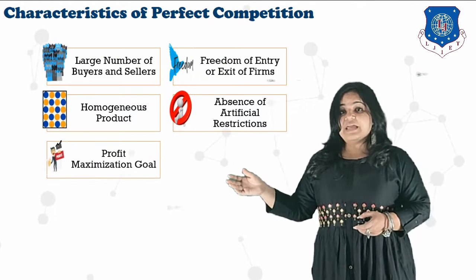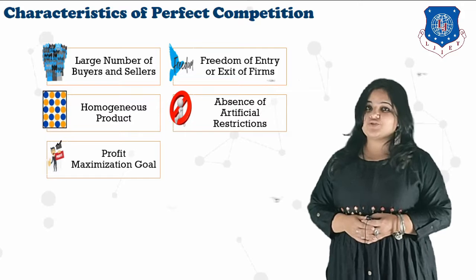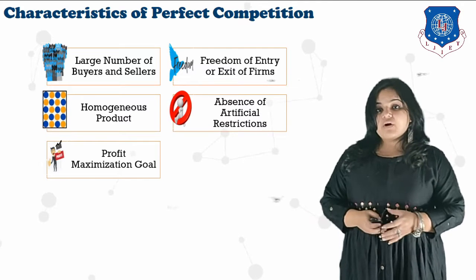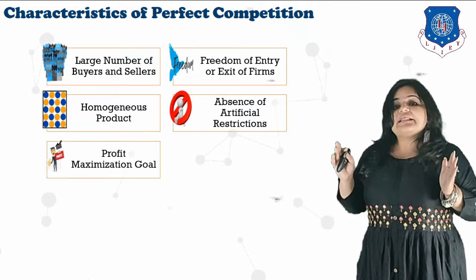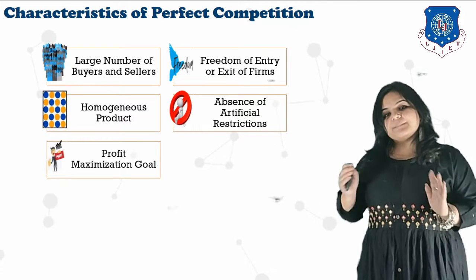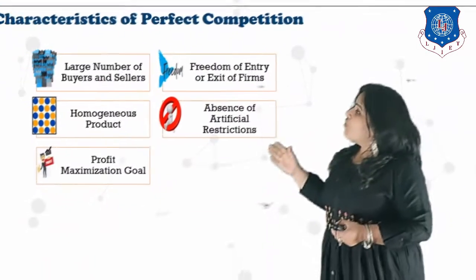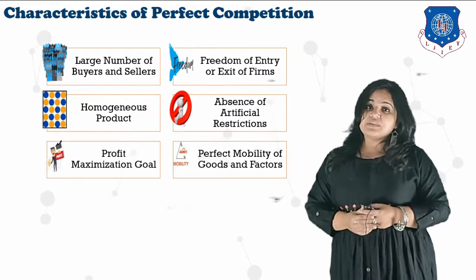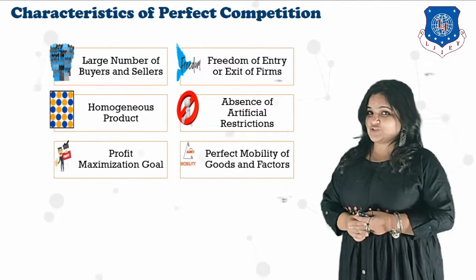Moving forward, all the sellers would have profit maximization goals. Because each one of them is selling a homogeneous product, they will sell at a price at which they can get maximum profit. Also, we would assume that there is perfect mobility of goods and factors of production.